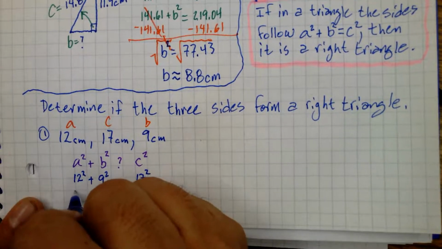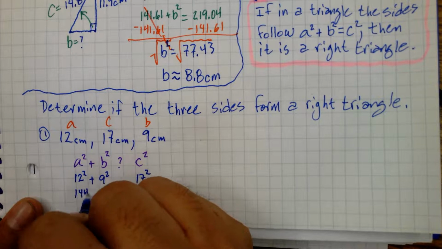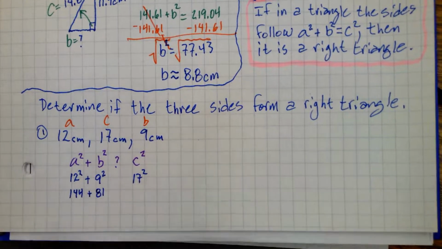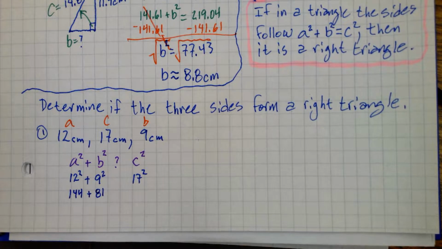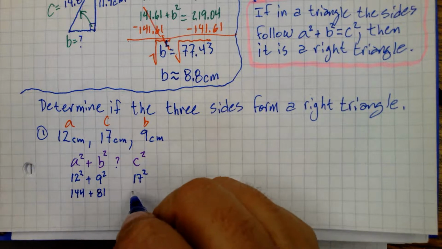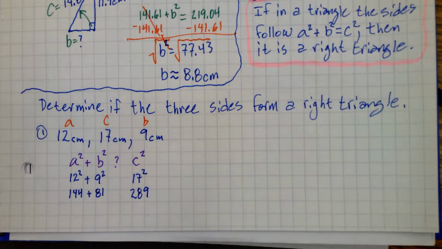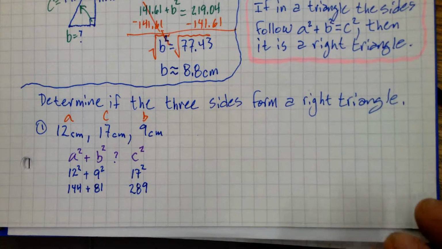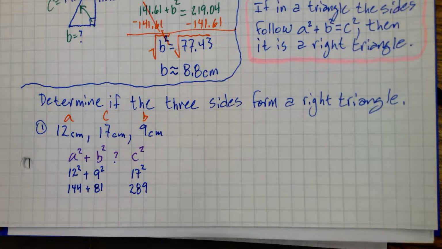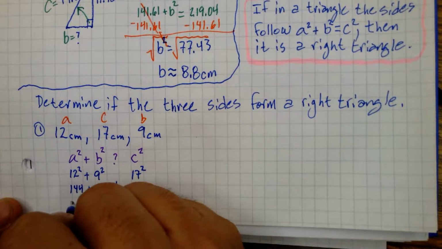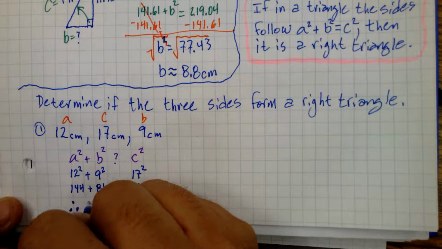So this is 144 plus 81, and we're going to compare it to 289. Is that going to be an equal sign there? No. Therefore, not a right triangle.